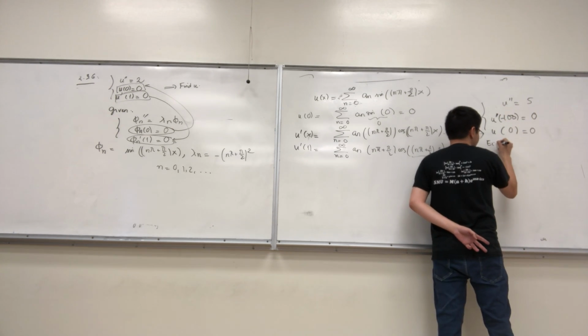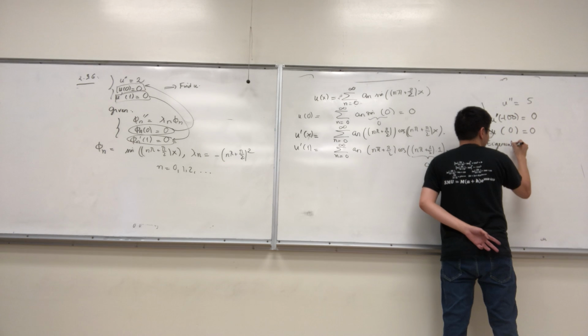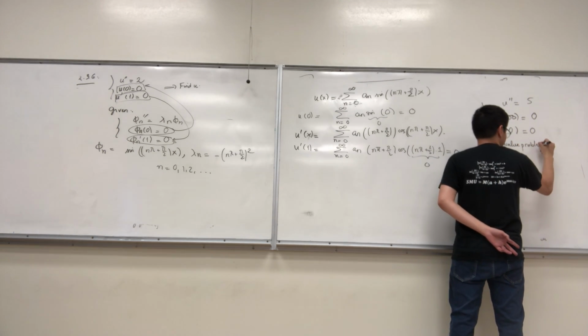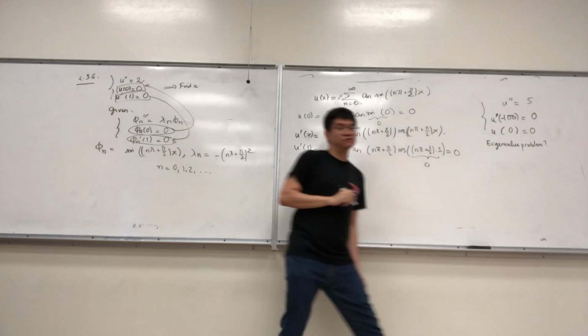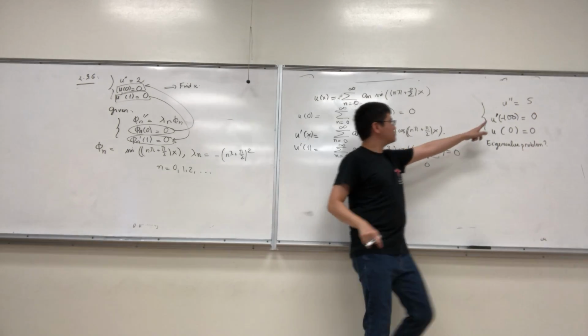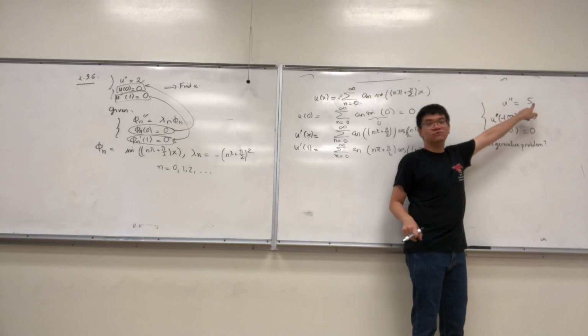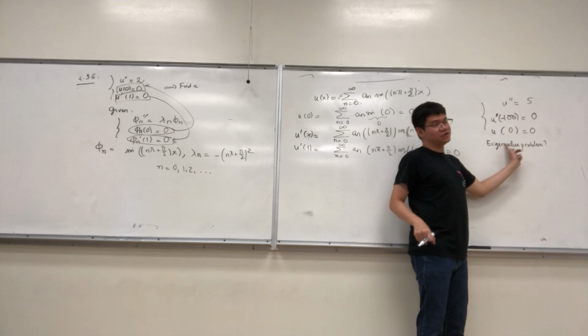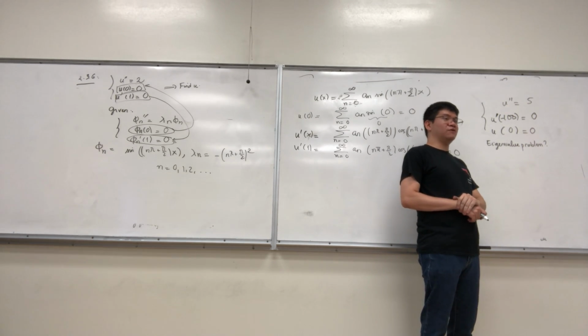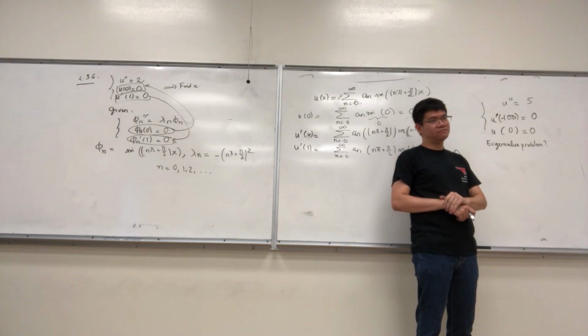The eigenvalue problem. What is the eigenvalue problem that I need to solve? Suppose that I want to solve u second is equal to 5 with this boundary condition, right? So what is the eigenvalue problem that I need to solve?